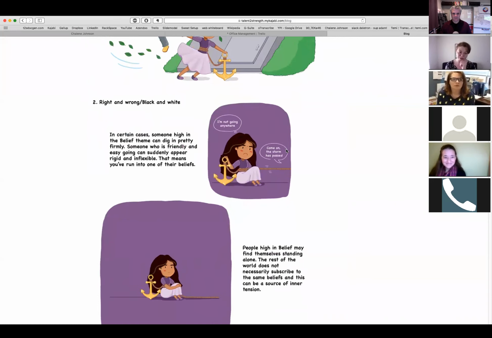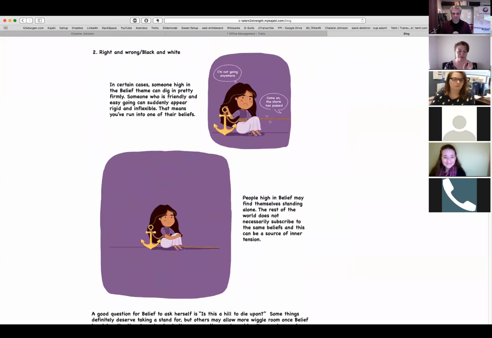Sometimes the rut of Belief, I'll just read it since I know Teresa's driving. In certain cases, someone high in the Belief theme can dig in pretty firmly. Someone who is friendly and easygoing can suddenly appear rigid and inflexible. And that means you've run into one of their beliefs. You bumped up against it in a way that they don't feel comfortable with.